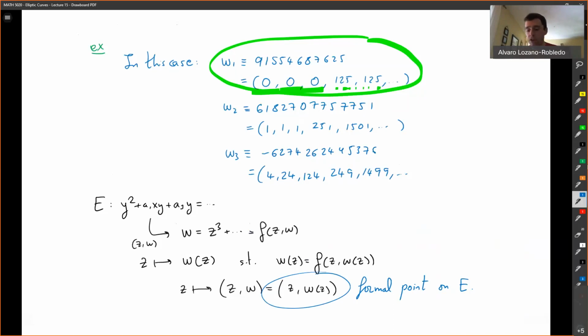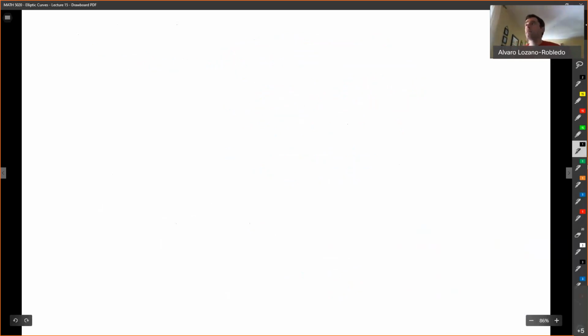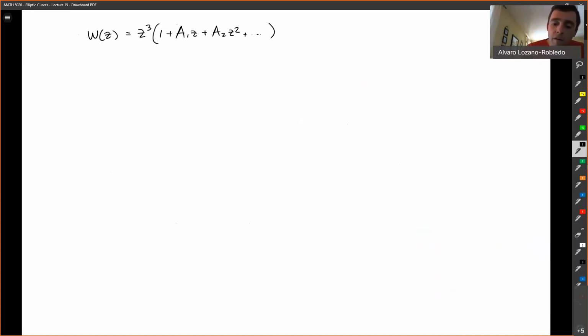Okay, and so now I can actually write down my power series W(Z), which started with, remember, Z cubed times 1 plus A1 Z plus A2 Z squared dot dot dot. But I can also write an x coordinate, going back to the original Weierstrass equation.